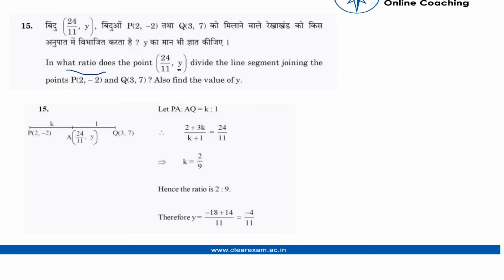So here is the diagram, and let us suppose that the ratio is k is to 1.